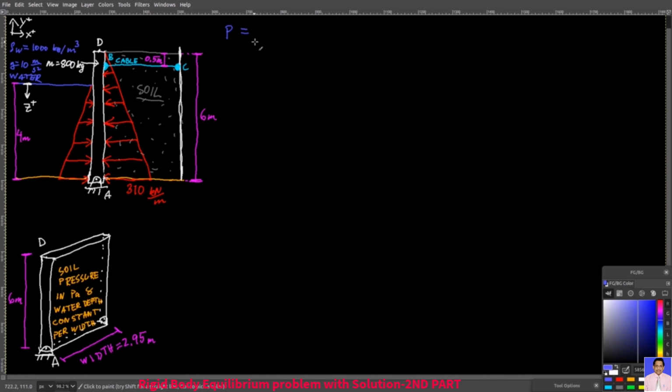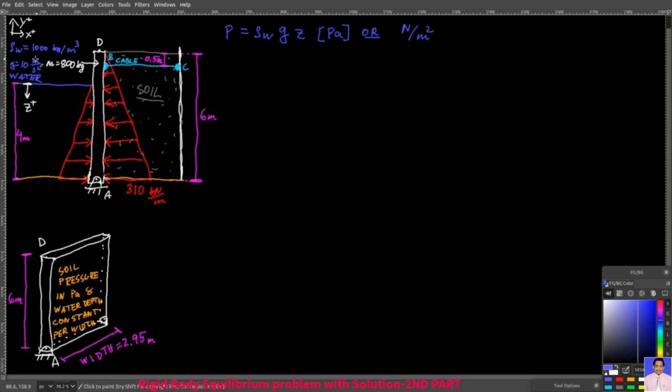Pressure equals the density of water times g times your depth underwater that you start counting from here. Z is positive as you go down. And that will of course be in pascals or newtons over meter squared. So rho W was the water density, 1000 kilograms per cubic meter.